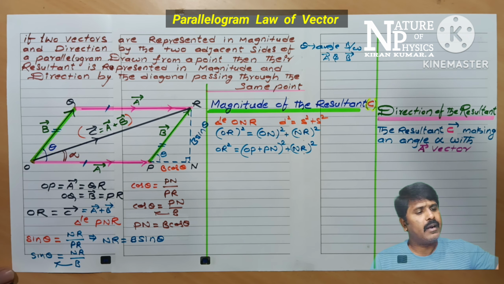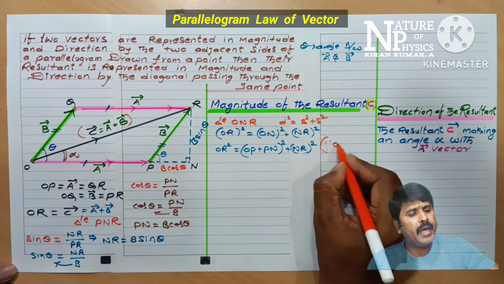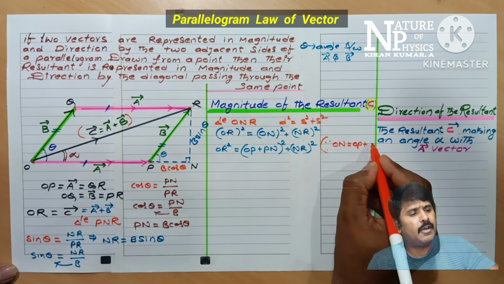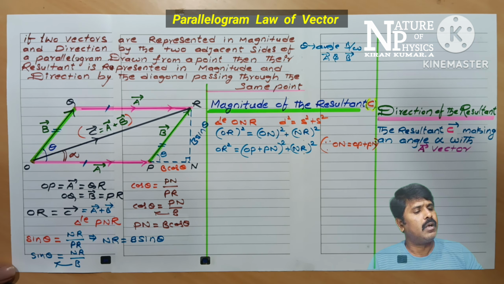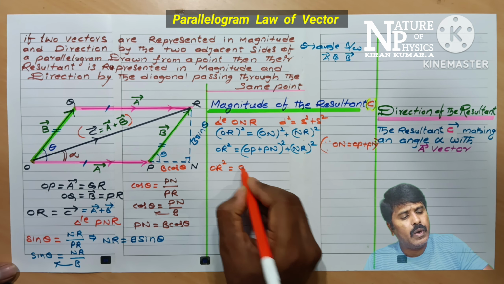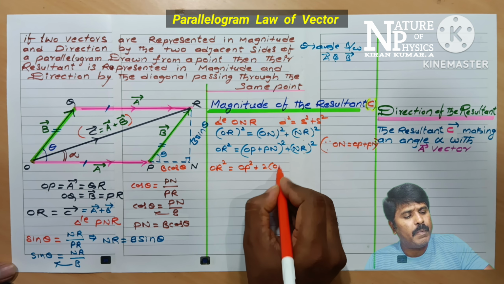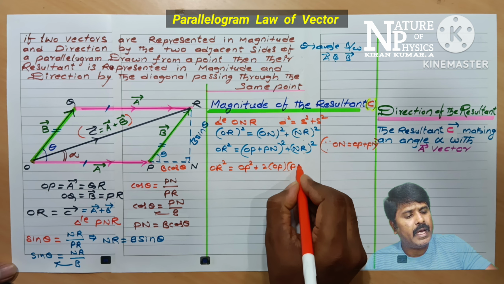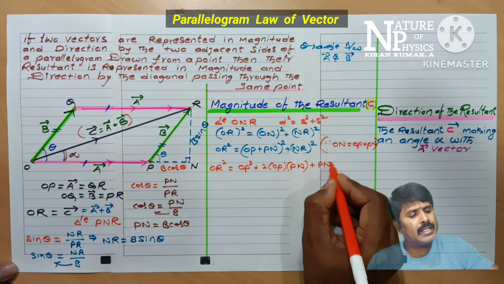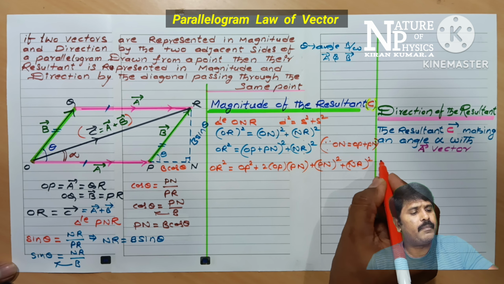Here I can write that ON is equal to OP plus PN, student. Okay, and OR square is equal to OP square plus 2 OP into PN plus PN square plus NR square.